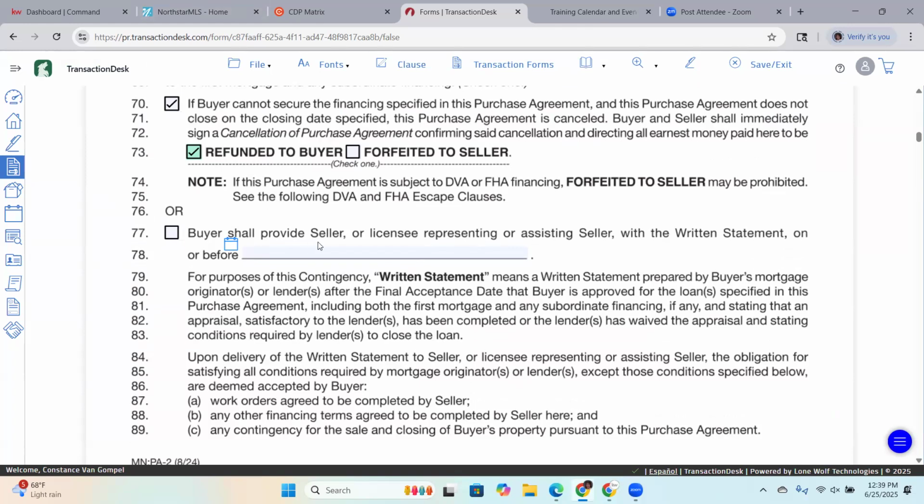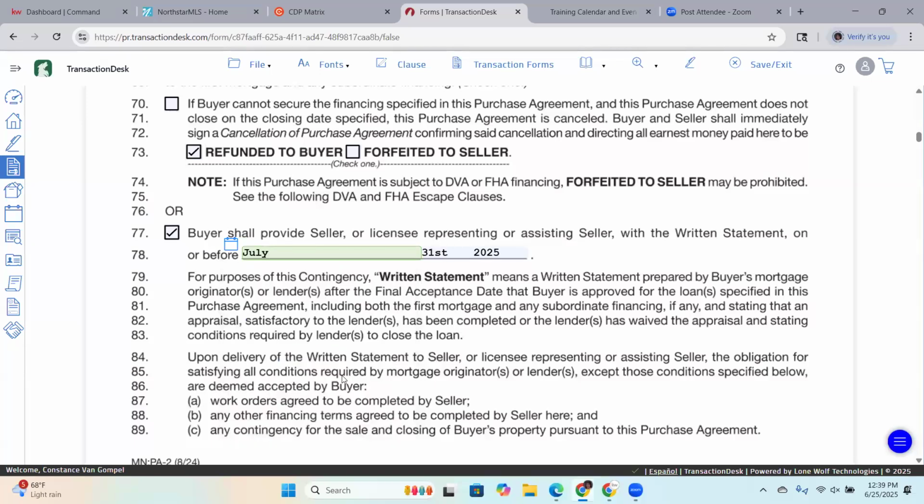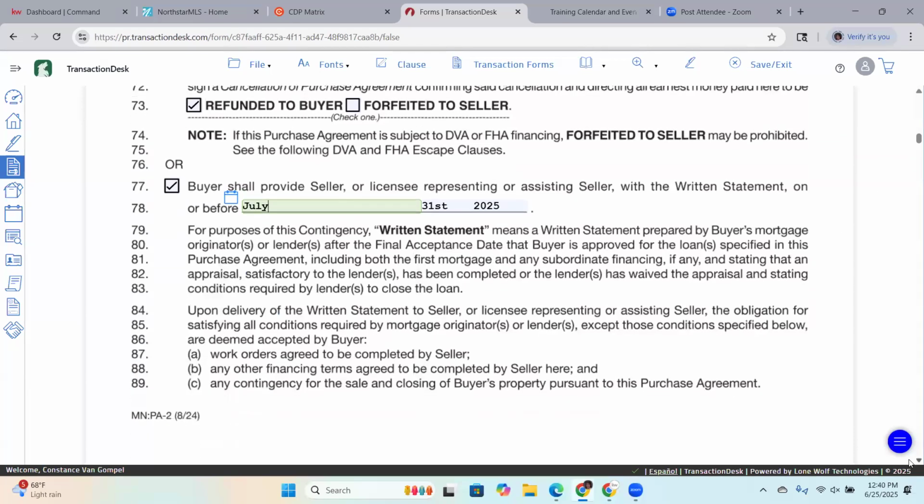Or if you're going to do the written letter, you would check the written letter. You would ask your lender when they can get that done. I chose to close on the 8th, and I normally have it done within about a week of closing. So don't choose the date unless you talk to the lender, because they'll let you know when to go ahead and get it through. This one here has a little more detail of what to expect with the letter and stuff to get done.